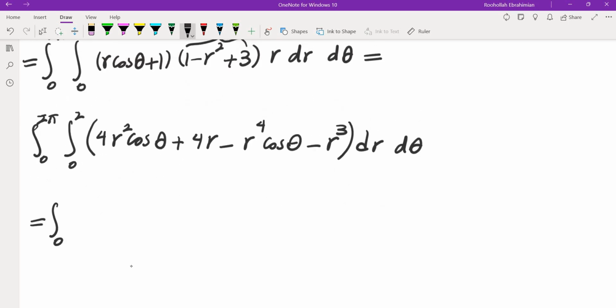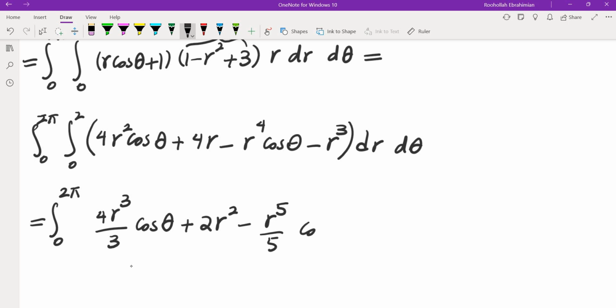So this is integral from 0 to 2 pi. Integral with respect to r of 4r squared is going to be 4r cubed over 3 cosine of theta plus 2r squared, so 4r becomes 2r squared, minus r to the 5th over 5 cosine of theta minus r to the 4th over 4. And this is r equals 0 to r equals 2.